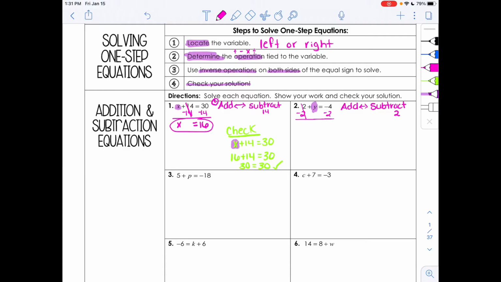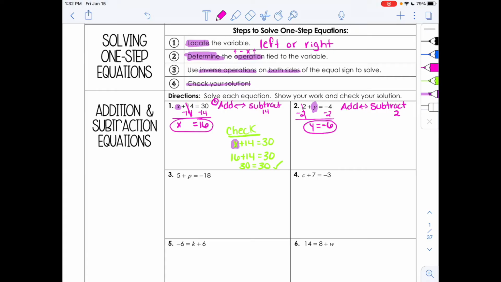And as we work, we continually bring down our variable. So y equals, and then here, negative 4 minus 2. So negative 4 minus 2 is negative 6. Because remember, when they're both negative, we add and keep the negative. So I get an answer of y equals negative 6.